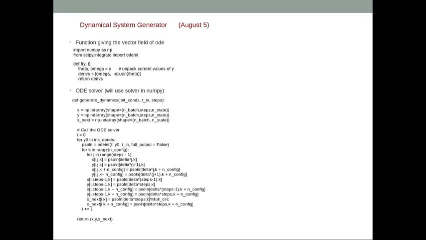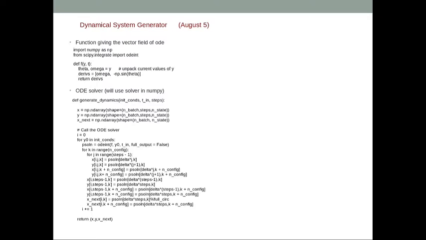So it has to be broken down into time chunks, and we call this function generate_dynamics at each chunk, and the input steps is the number of steps within a chunk, or the number of time frames within a chunk.